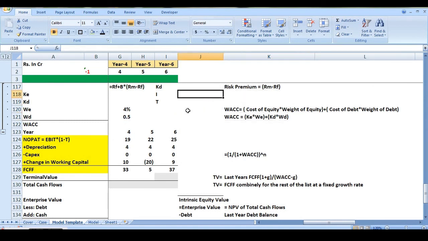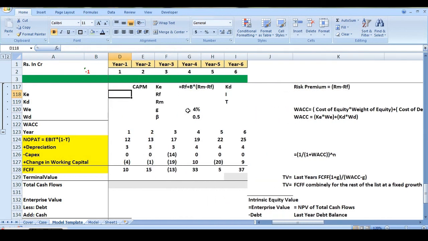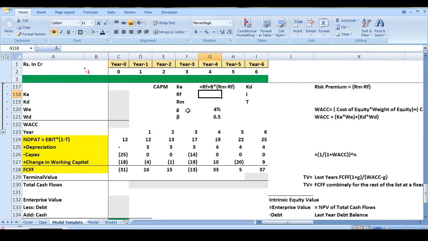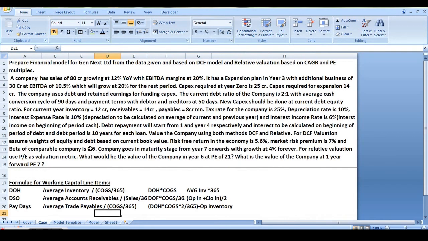Whenever you are calculating cost of equity, if the data is available, you should go for the CAPM model. It is the most used method by equity researchers, for which you need the risk-free rate of interest, which is given to us as 5.6%, and market risk premium as 7%.